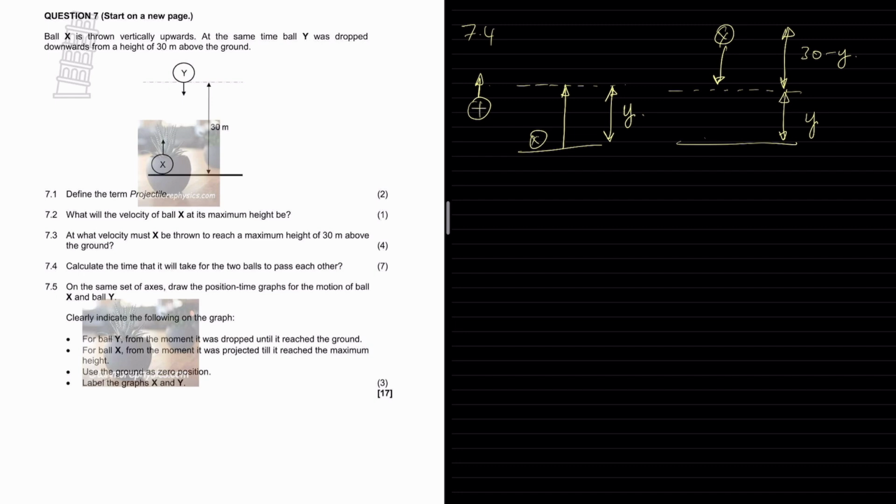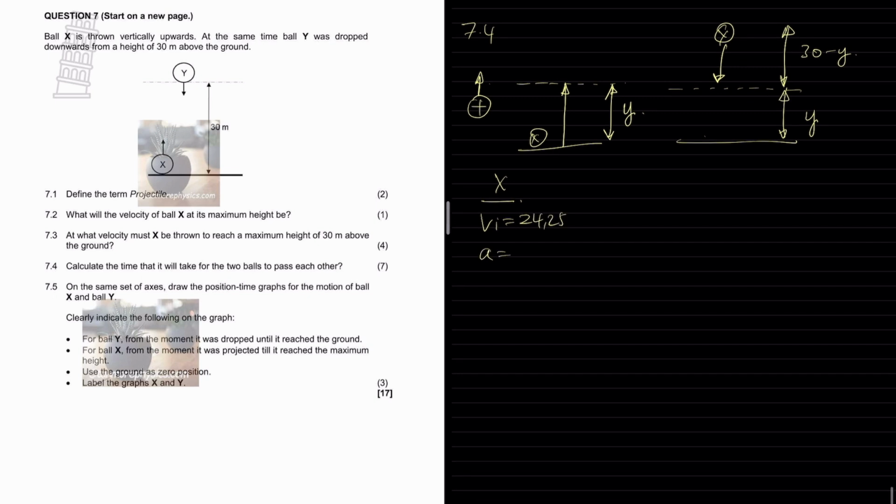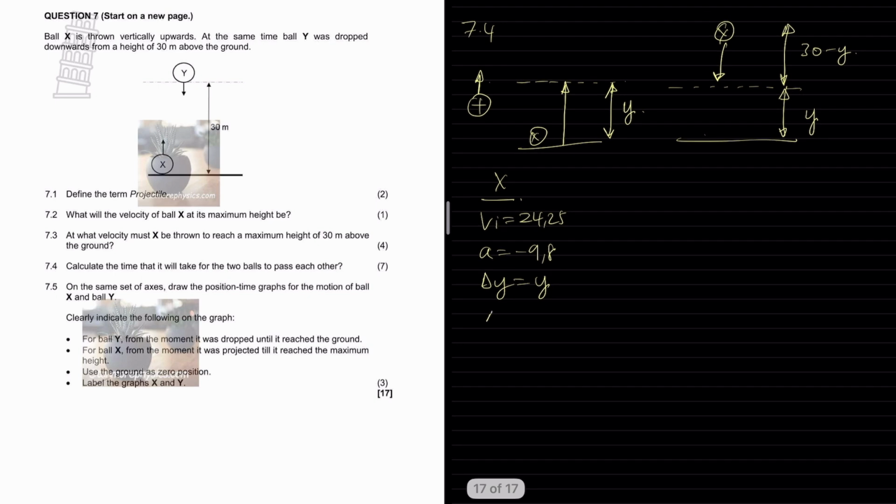Okay, now let's write out the quantities. For ball X, we know Vi is 24.25 upward. A is minus 9.8. The displacement is Y. The time is delta t. We don't know what the time is. And so we can use the equation delta Y is equal to Vi delta T plus half A delta T squared.